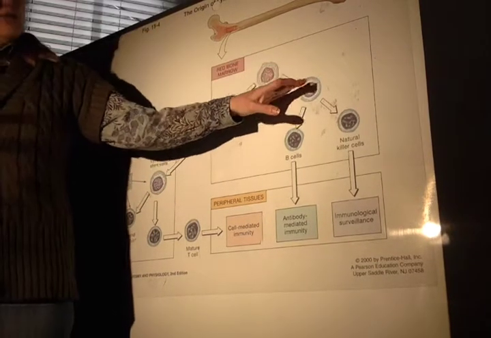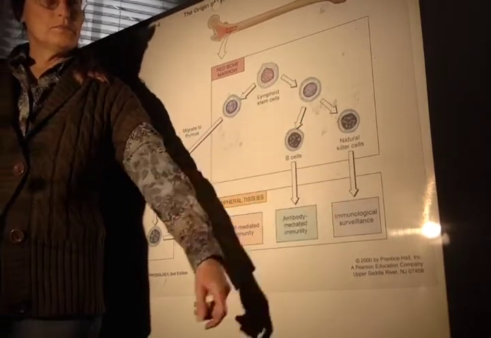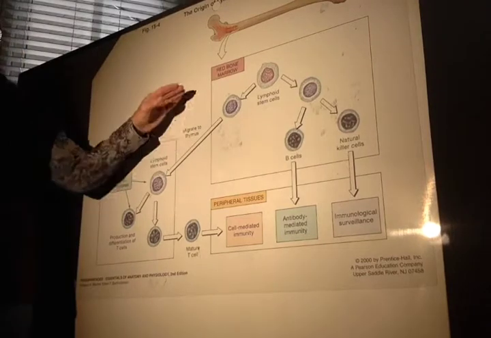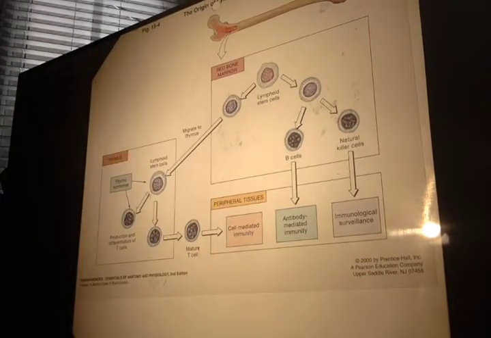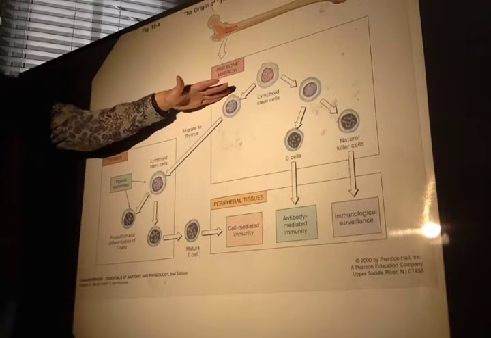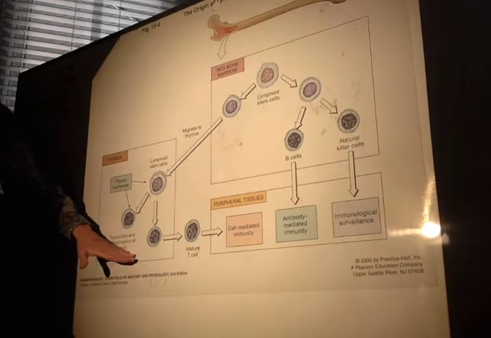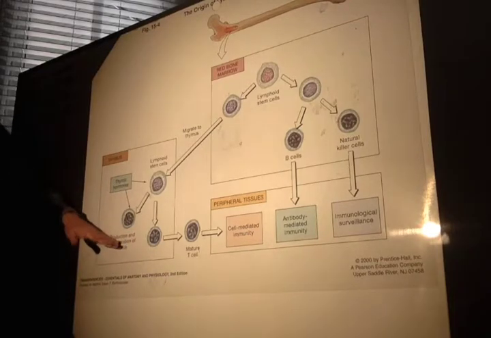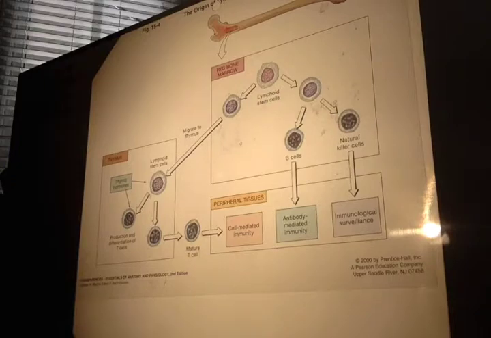Some lymphocytes develop into natural killer cells, as we just mentioned. Other lymphocytes develop into B cells, which produce antibodies. Other lymphocytes develop into T cells, which are also a type of killer cell. And we're going to talk about T cells and B cells in more detail next time.